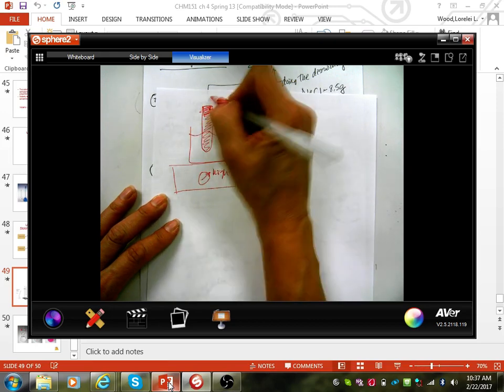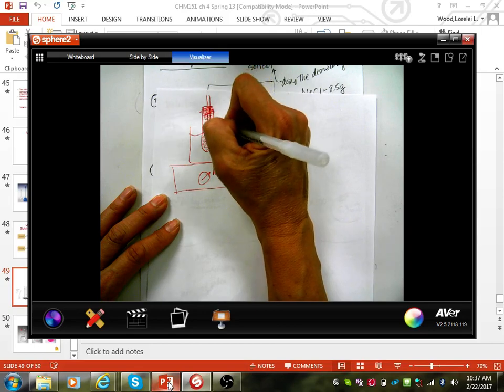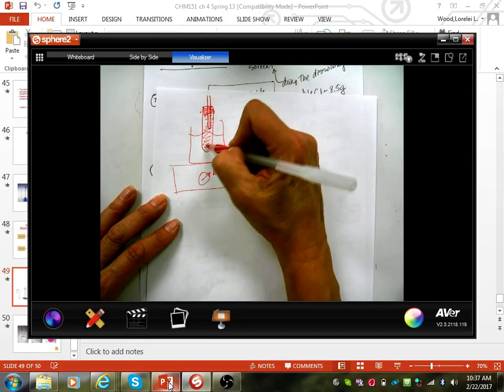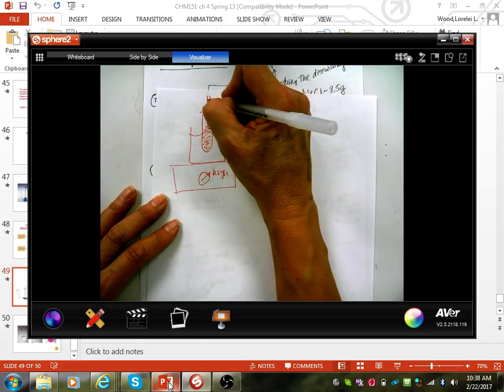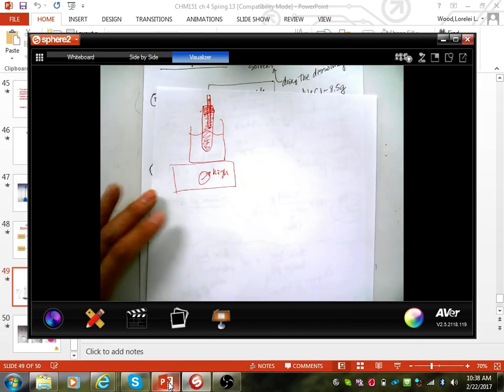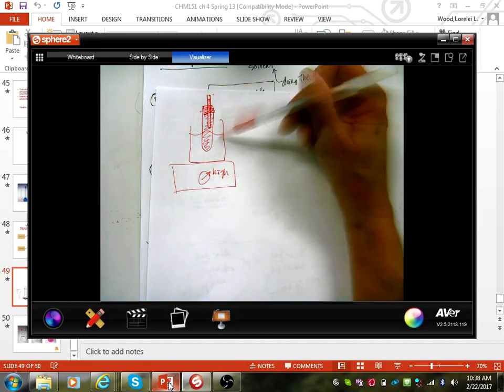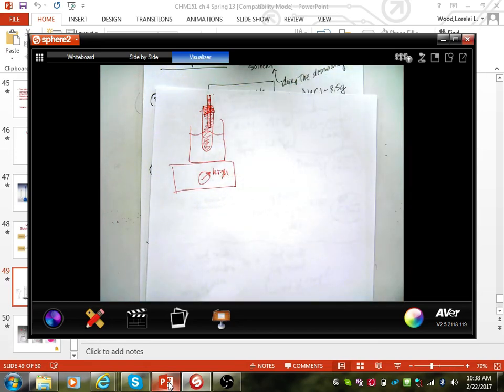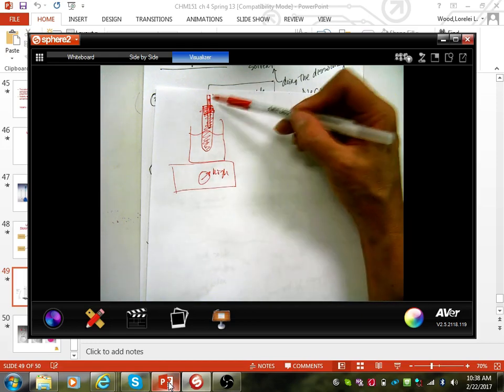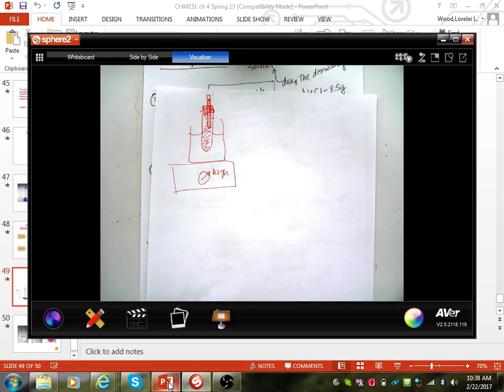In that stopper, there would be a glass tube that would allow some of the water from the test tube to go up into it, and we would fill it almost to the top so that the top of the tube would have a tiny bit of airspace left. Then the water would start to heat up. You could physically see the volume of water increase as the temperature went up, and that's because the molecules of the water are moving a little bit faster. As they move faster, they take up more room and the water expands.